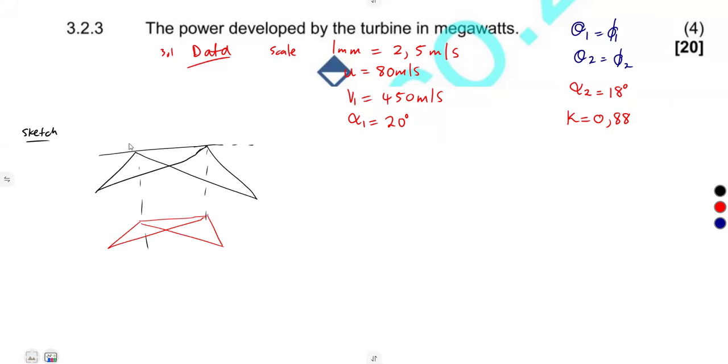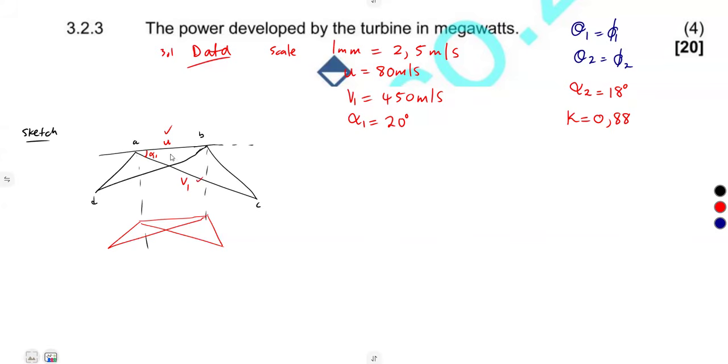So that's from our first diagram. This is A, B, C, and D. I'm going to indicate what you're given. We are given this U, the angle phi 1, the angle alpha 1, and V1.